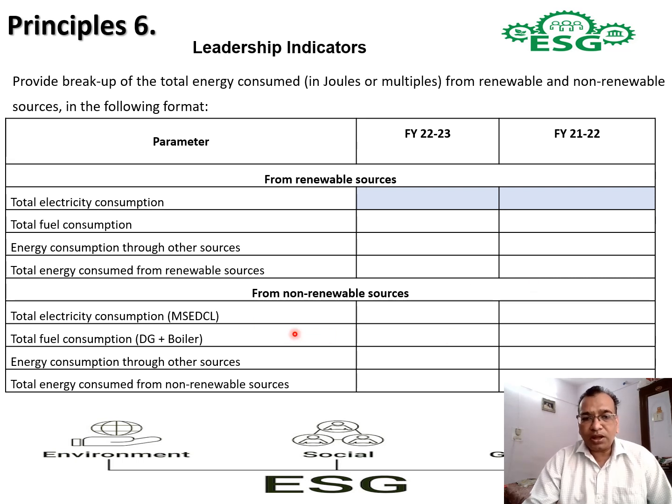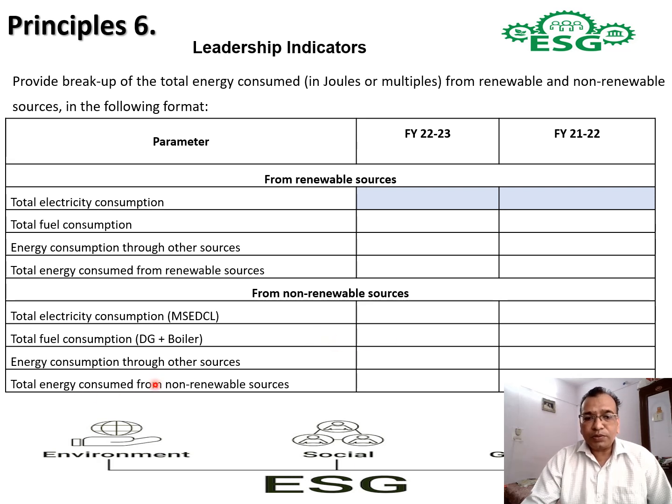The next comes the non-renewable sources, which is the same as slide 1. That is total electricity consumption, in the case of Maharashtra from MSEDCL, where you have to report in gigajoules by converting kilowatt hours using the respective formula. Then total fuel consumption, as I have already said, whatever fuel is being consumed inside the factory premises, you have to disclose.